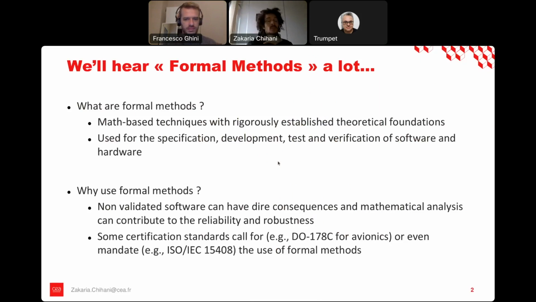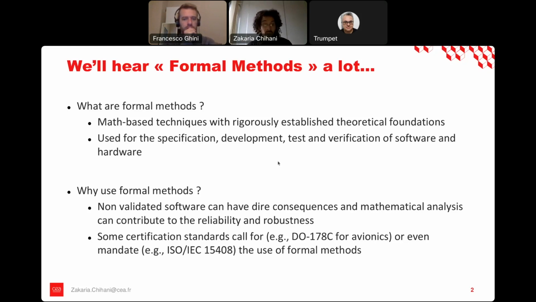So when we talk about formal methods in the safety and security community, roughly speaking, what we mean is math and logic-based techniques that are used for the specification, development, test, and verification of software and hardware. As soon as you use math and logic to impact some aspect of the life cycle of the software or hardware, you're using formal methods.